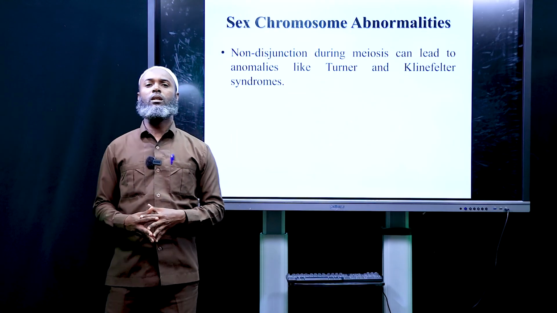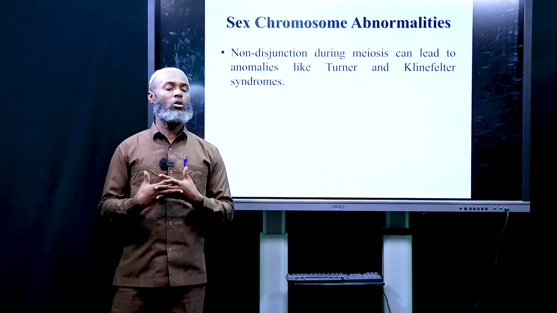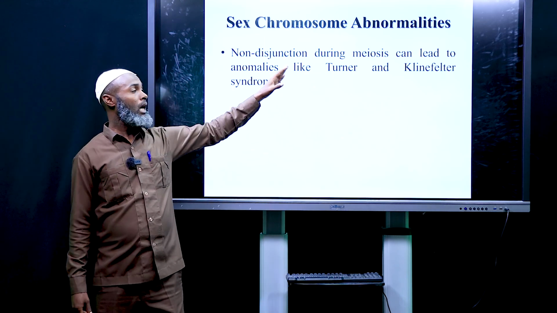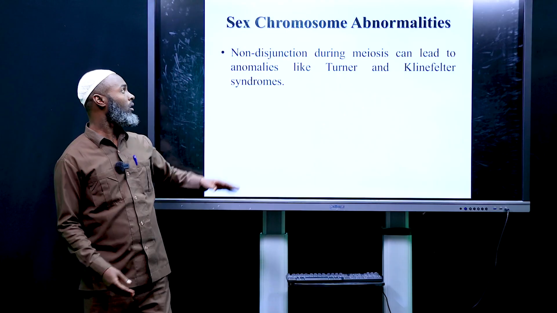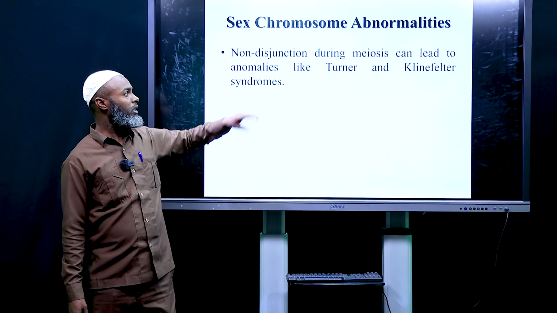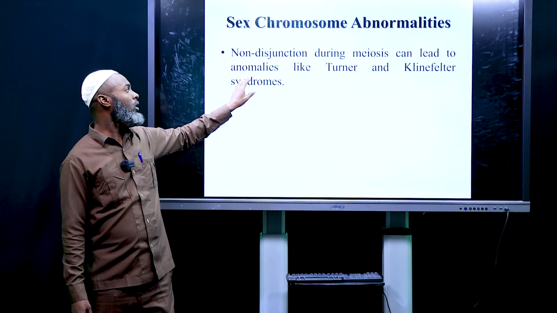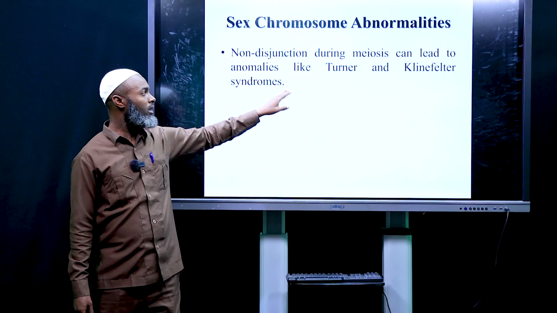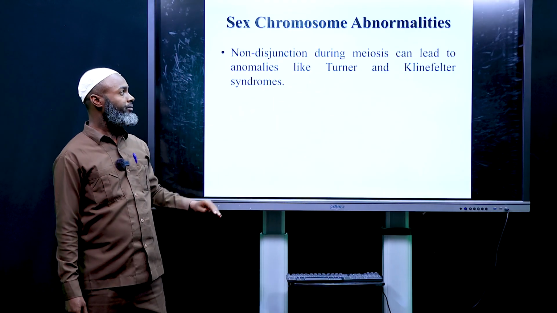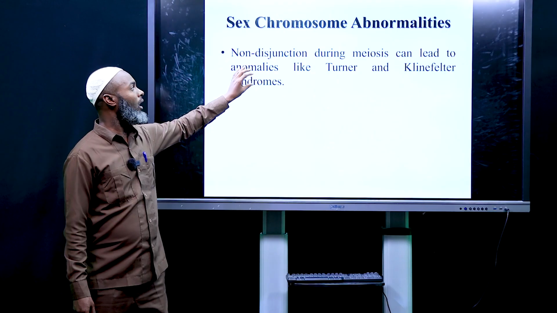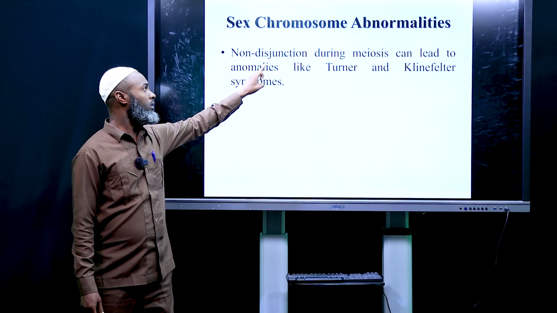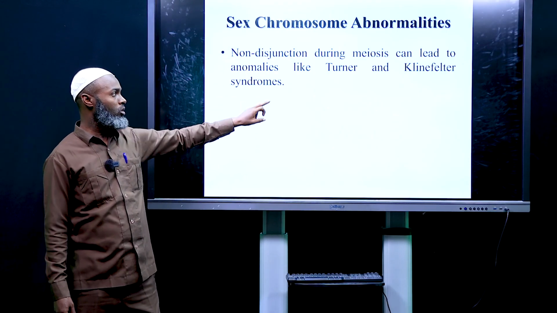Now let's proceed and see sex chromosomal abnormalities. What are the abnormalities? One is non-disjunction during meiosis, which can lead to abnormalities like Turner and Klinefelter syndrome. These two are because of non-disjunction during meiosis.